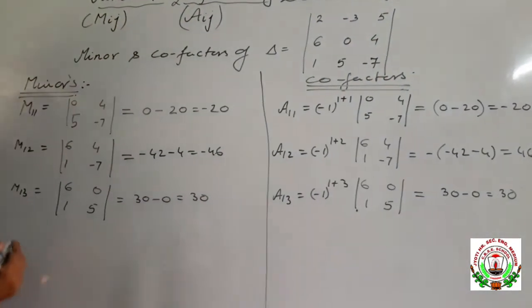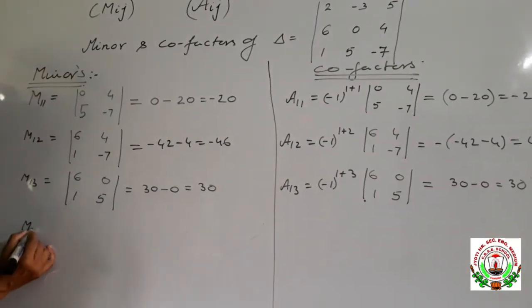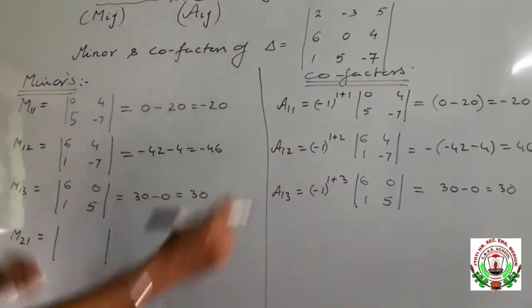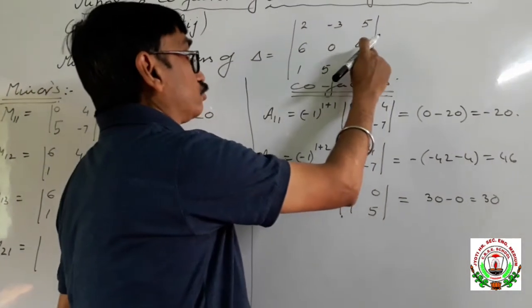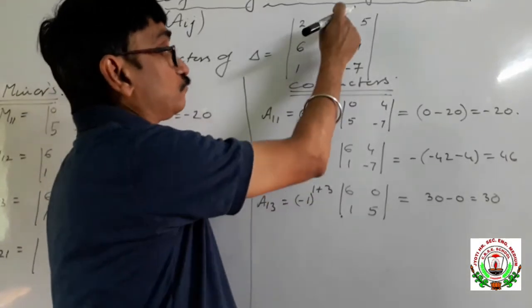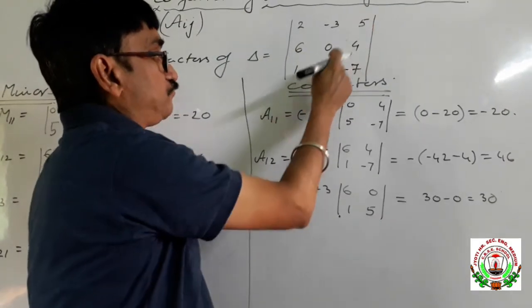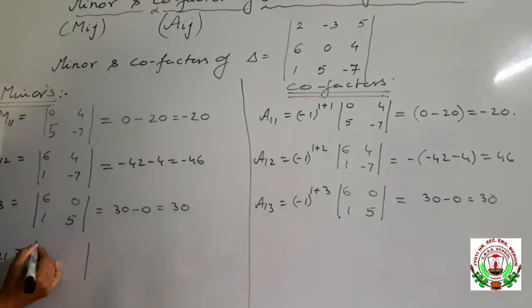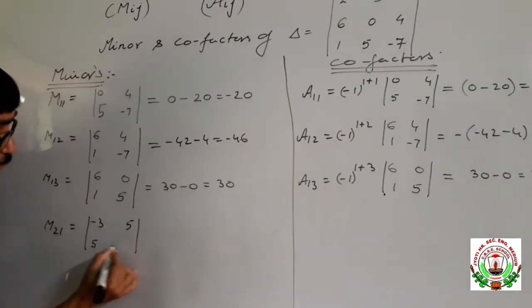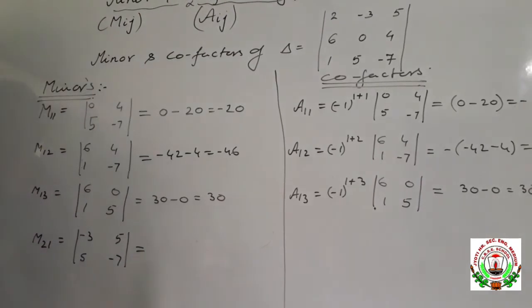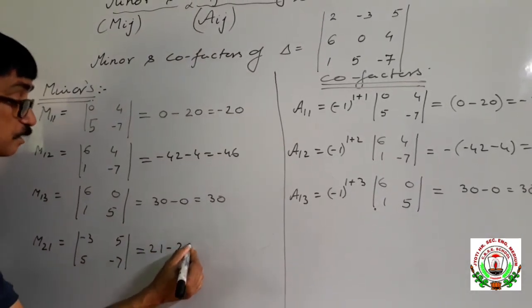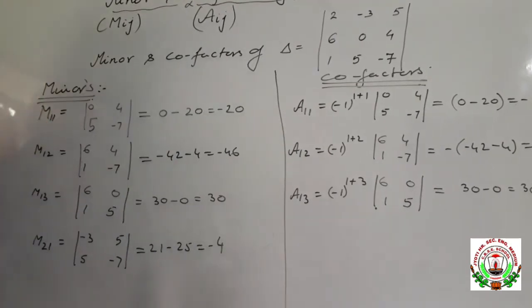In the same way, now we are going to calculate the minor for the second row and the first column. If we delete the second row and the first column, we are left out with minus 3, 5, 5, minus 7. That becomes minus 3 into minus 7, 21, minus 25, which is equal to minus 4.